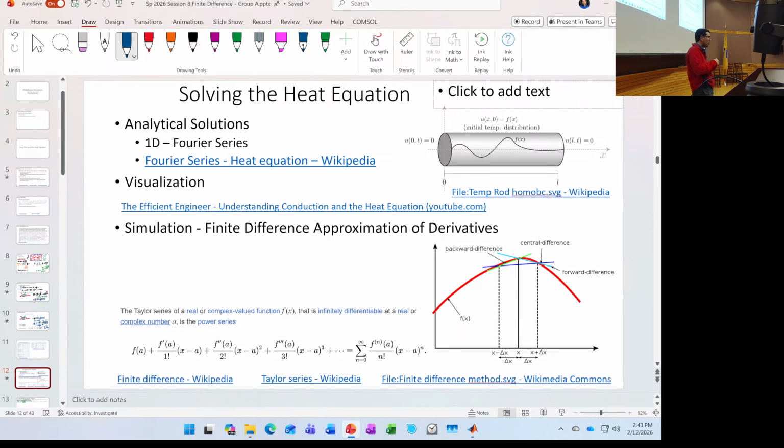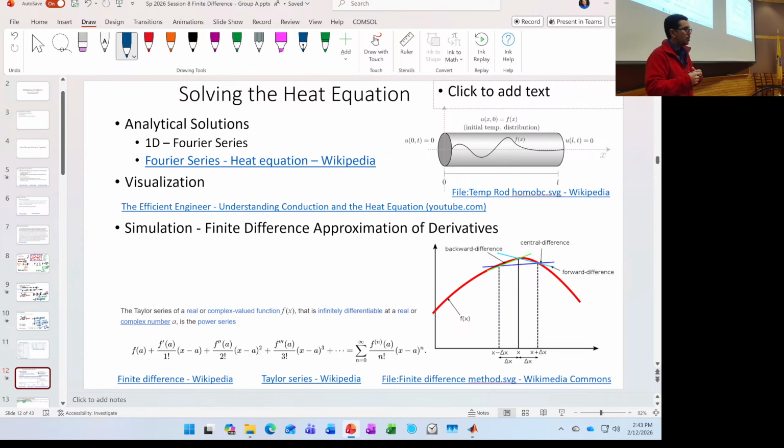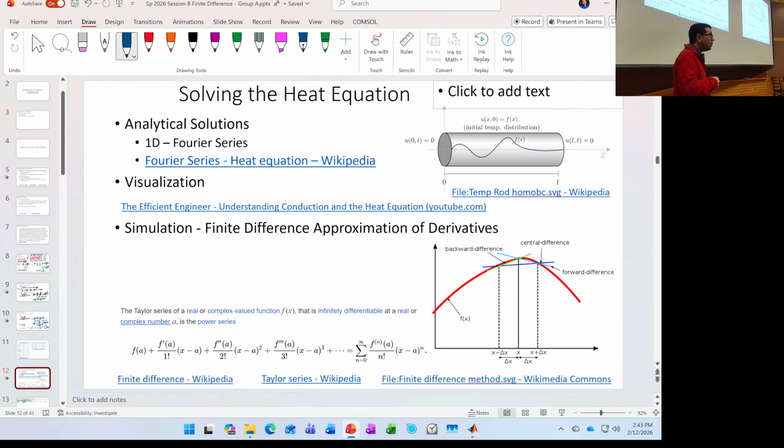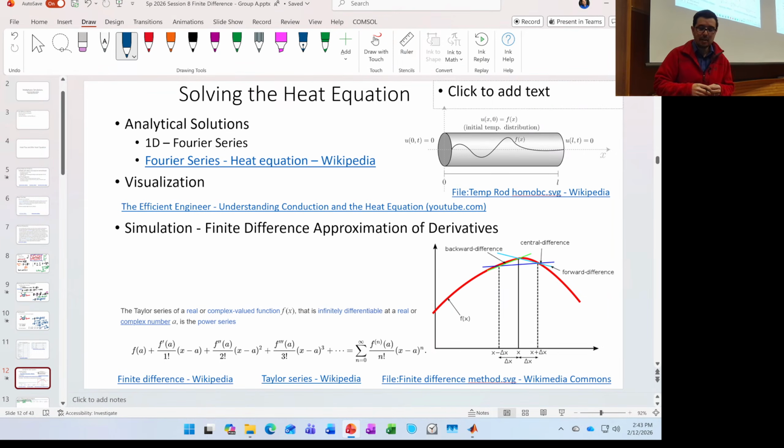Actually, that's pretty solvable too, analytically, because you can have the R values and you figure out what's going on. But as you have more complicated geometries, you're not going to find a simple closed form solution. So we're going to introduce simulation to do this.